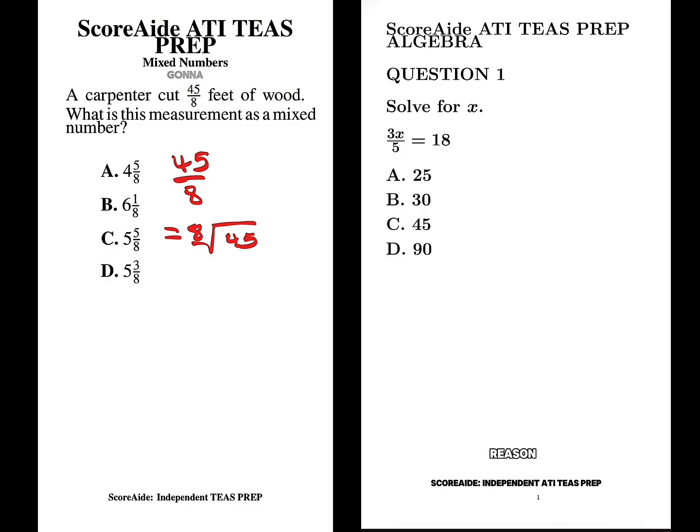So 40 divided by 8 is going to give us 5. 5 times 8, of course, is 40. When we subtract, we're going to have 5, which is the remainder. So this answer is equal to 5 whole number, 5/8. That is going to be the answer, which is C, right? Perfect.